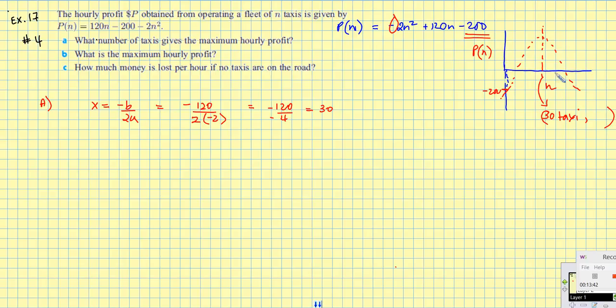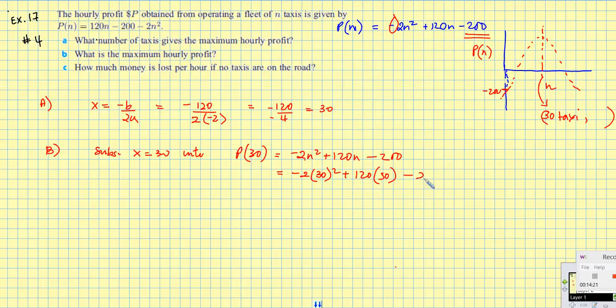So to find the maximum profit that you are making when you have 30 cabs, you substitute the value of x equaling 30 into the function, P of N. P at 30 is equal to negative 2N squared plus 120N minus 200, which equals negative 2 times 30 squared plus 120 times 30 minus 200.